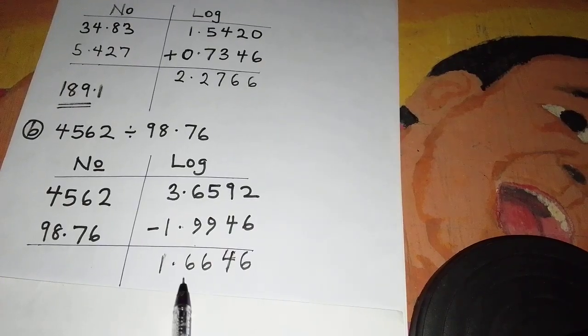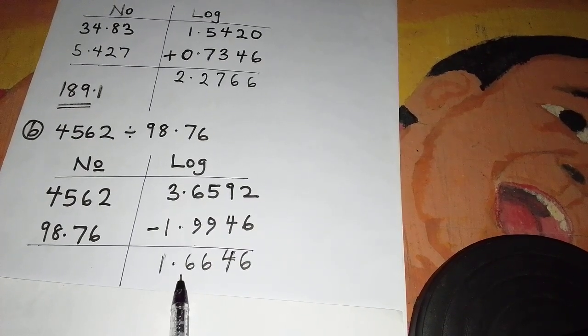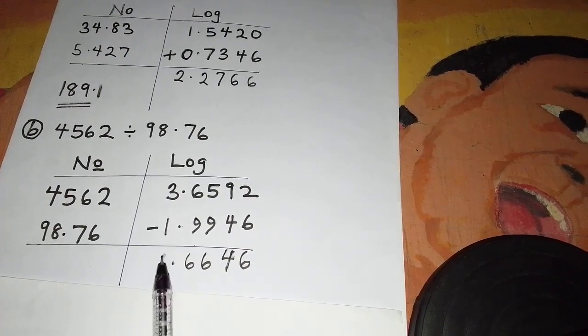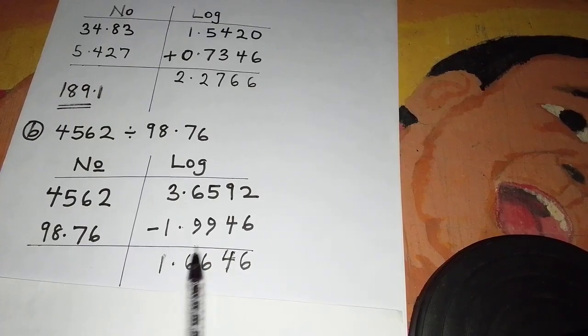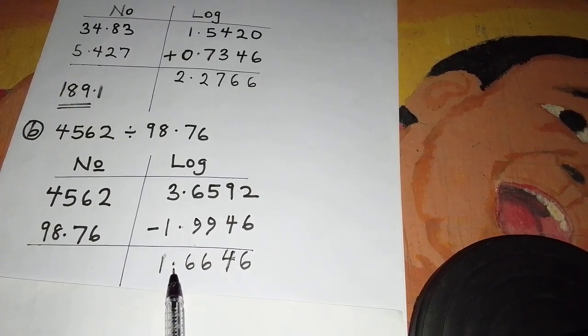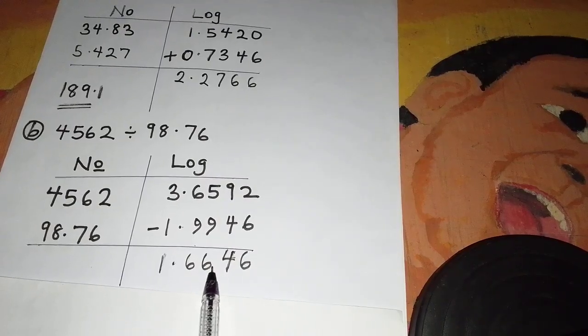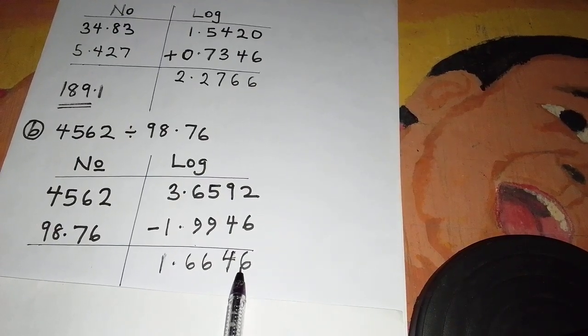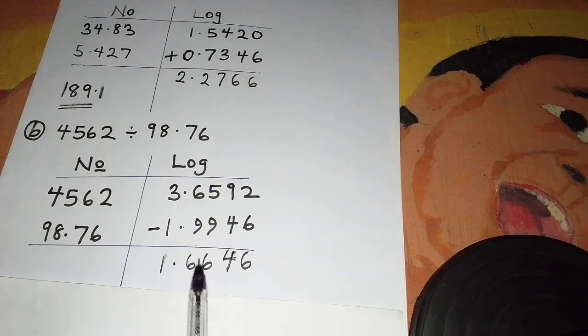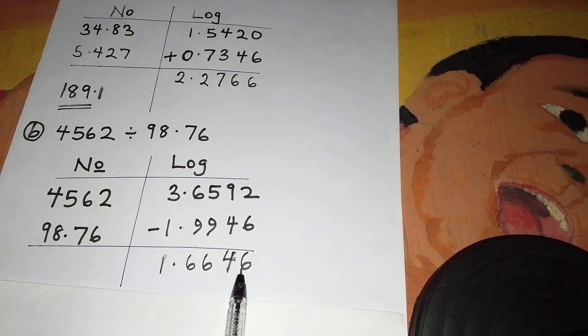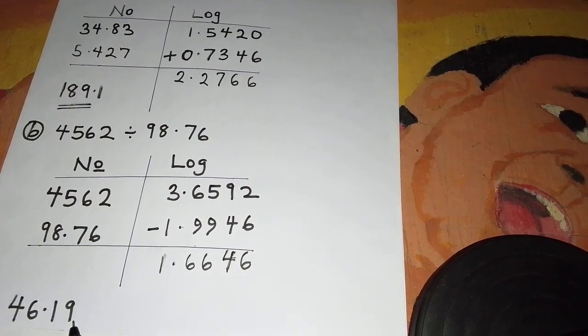After getting your final answer here, you are going to find the anti-log. When you are finding the anti-logarithm, you start from after the decimal point: 0.66 under 4, difference of 6. When you check 0.66 under 4, difference of 6, that will give us 4619.